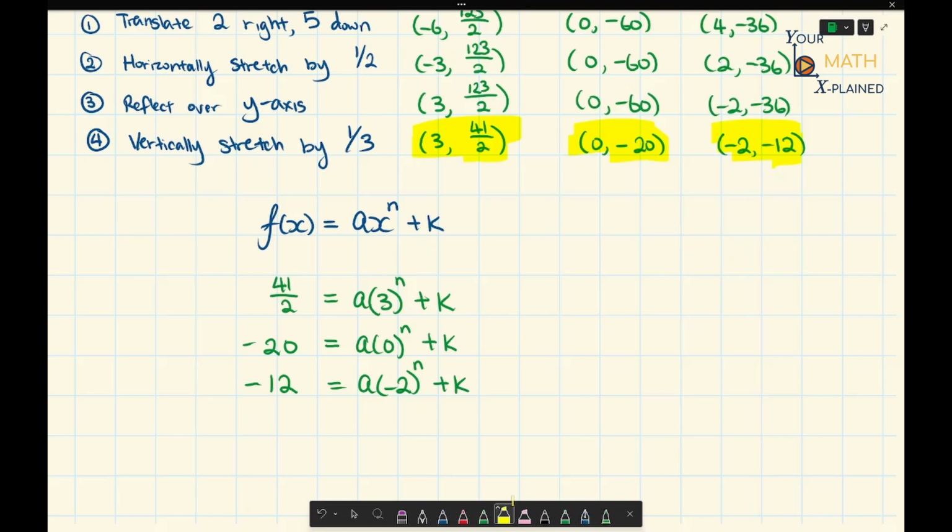Notice for the second point, our x has a value of 0, which means a times 0 to the power of n is just equal to 0. So from this, we can see that our k value is equal to -20. That means we can go ahead and substitute this k value into the other 2 equations.